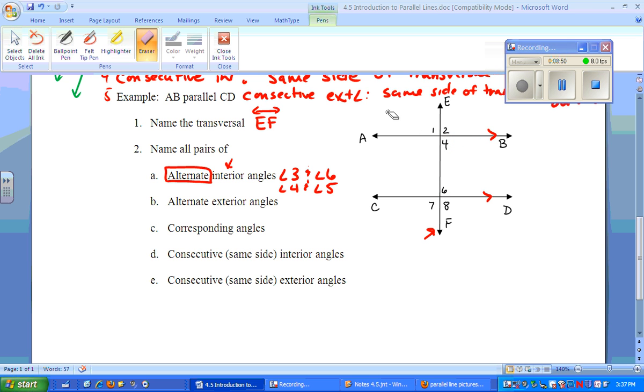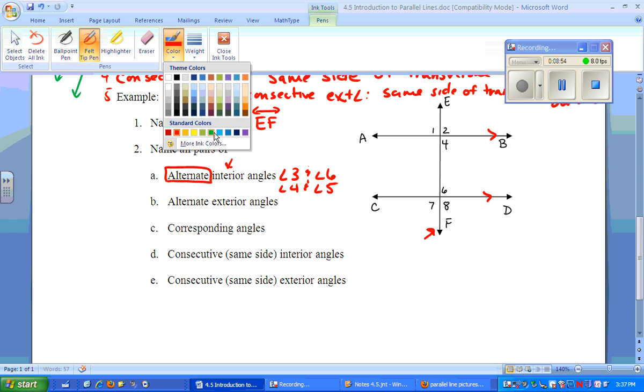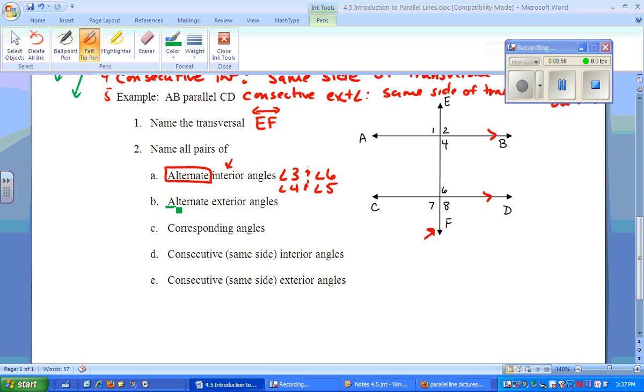Okay. Let's switch it up. Let's go to a different color, and let's do alternating exterior. So we've got alternating, different sides of the transversal, and exterior. Same 2 parallel lines. Where's the exterior? Exterior would be here and here, here and here. There's the exterior.